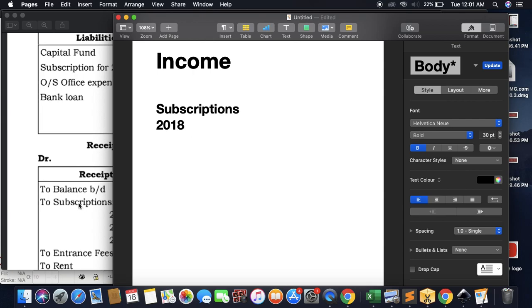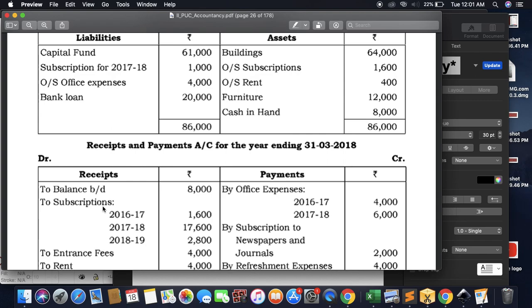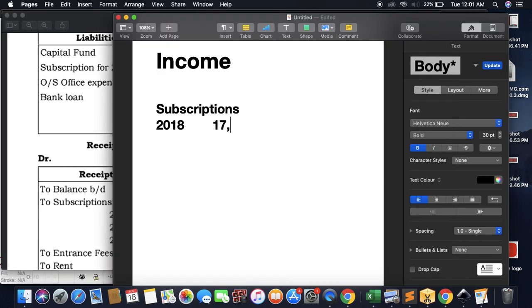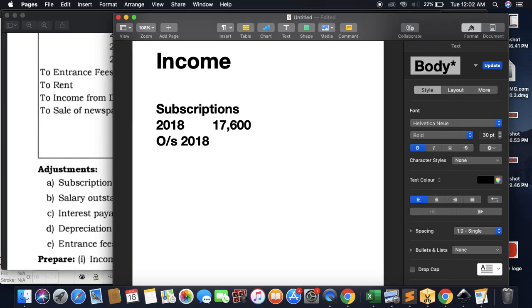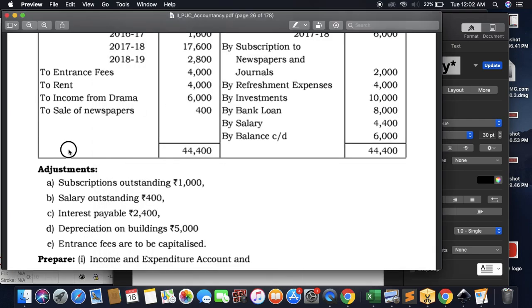So that's 17,600, and then outstanding for 2018 is 1,000. So we're going to write 1,000, and this total amount we will write in the outer column. So that's how we're going to enter this.